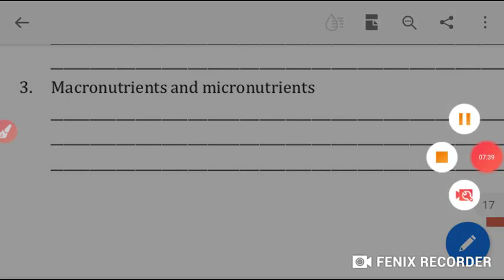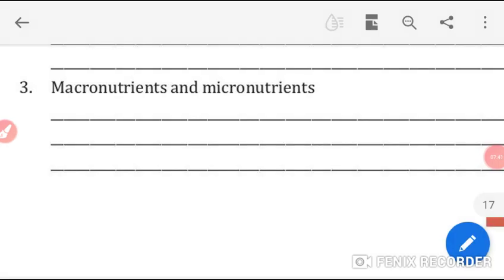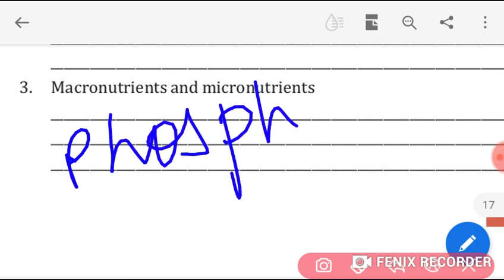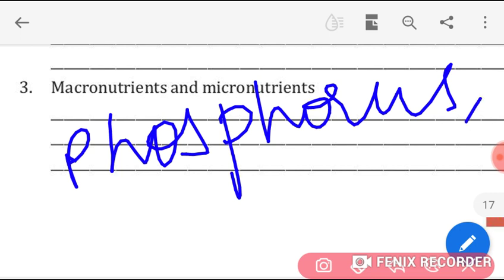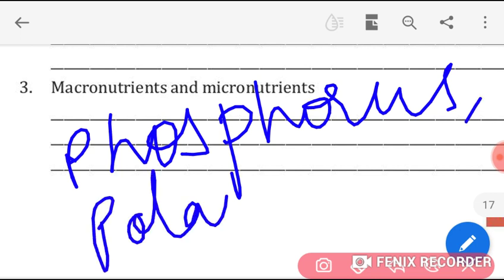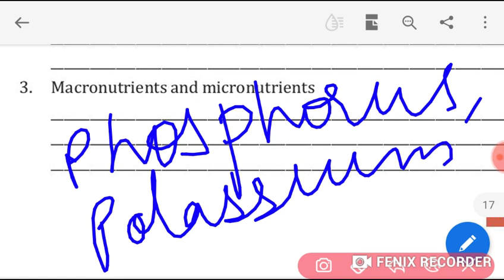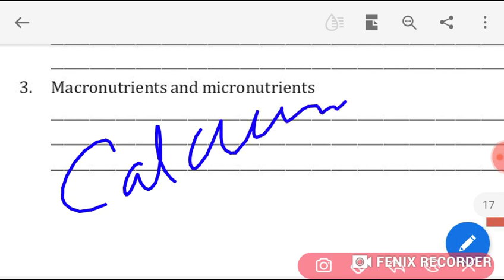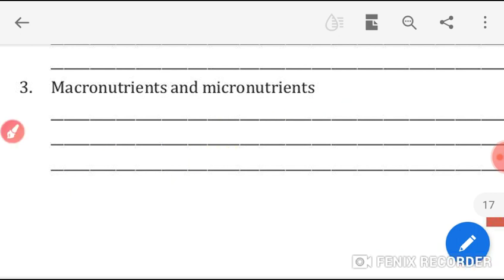Example: nitrogen, phosphorus, potassium, calcium. Full stop. Then the next point you have to write from the next line.